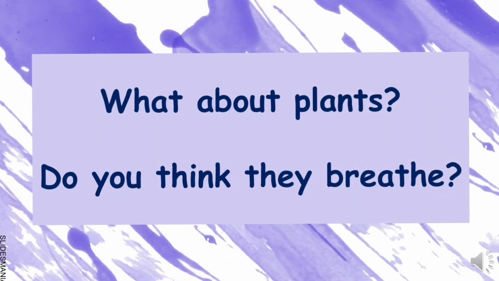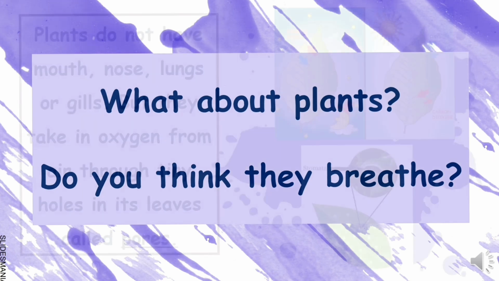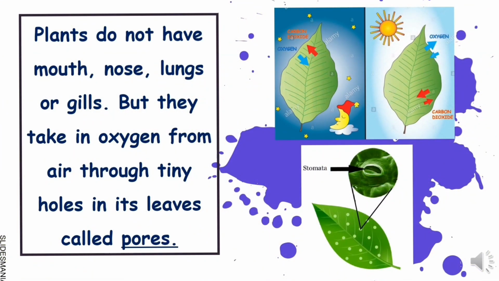What about plants? Do you think they breathe? Yes, they breathe. They take in oxygen and they give out carbon dioxide. Plants don't have mouths, nose, lungs, or even gills, but they take in oxygen from air through tiny holes in their leaves called pores. You can see in the picture, it has tiny holes. We cannot see them with our naked eye.